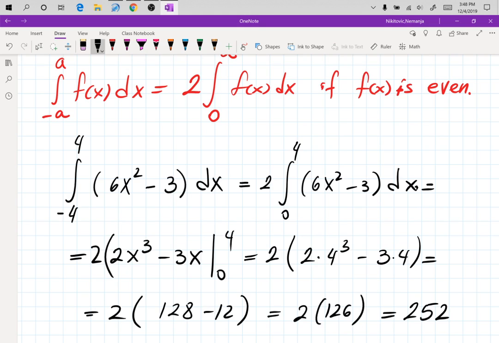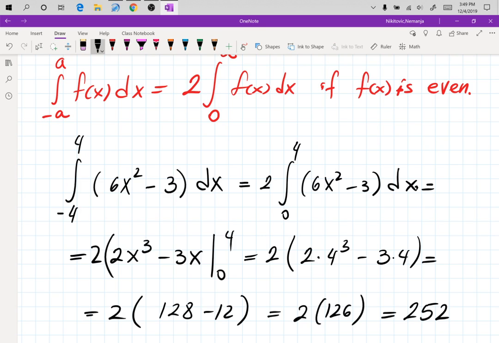Same thing with the cosine. Oh wait, hold on. You can't do this with e because e is not even. Anyway, you can do it with cosine though. So what you have here is just a shortcut, a little bit faster way to solve a problem. Again, not essential for your survival.